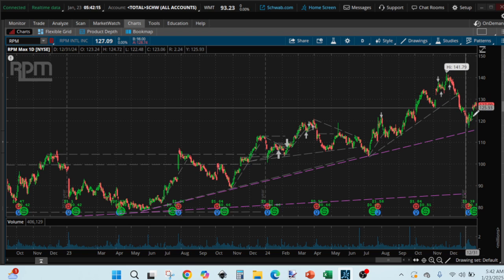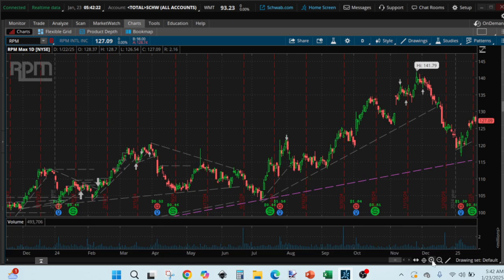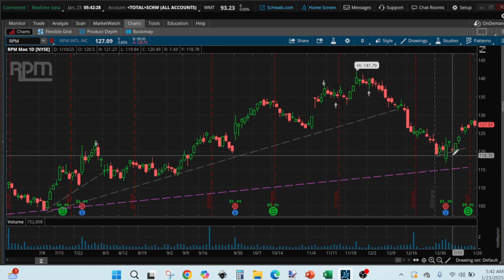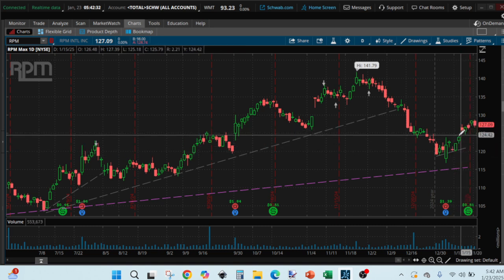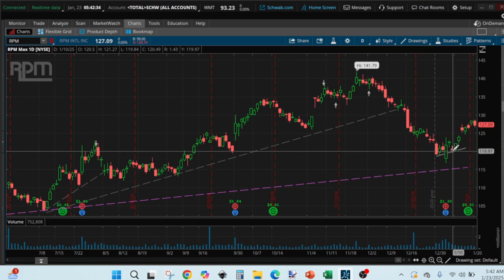But yeah, I said that some weeks ago, or a week ago or so, because of the higher lows that are being created here. This low is higher than this one, higher than this one.